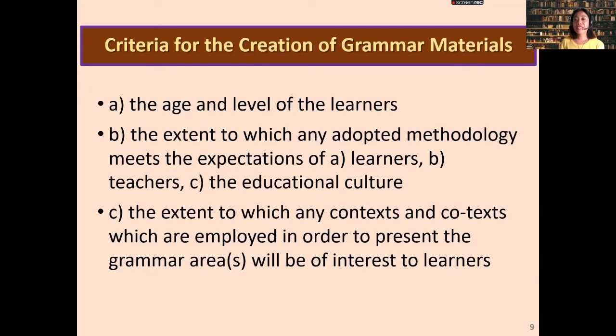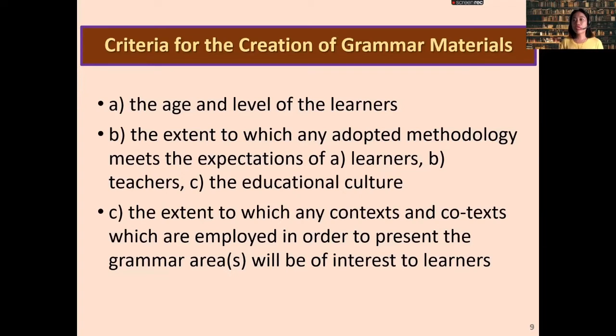And at the same time, always remember this, class, how about the educational culture of the country where you are from? Because remember, the Philippines is not the same as other Asian countries, even Southeast Asian countries. And specifically as well, Cebu Island is not similar to Metro Manila.